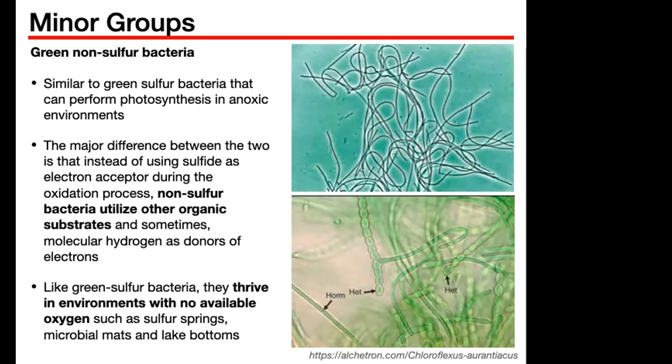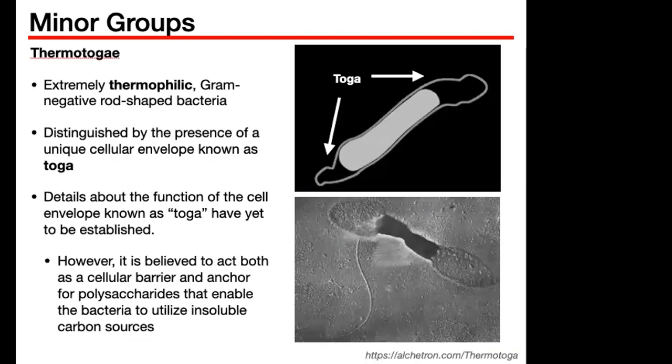And then lastly, we have Thermotogae. So the distinguishing characteristic here is the presence of a unique cellular envelope known as the toga. This is the toga on both ends. So this is also viewed under the electron microscope. Okay, it looks like a hat.